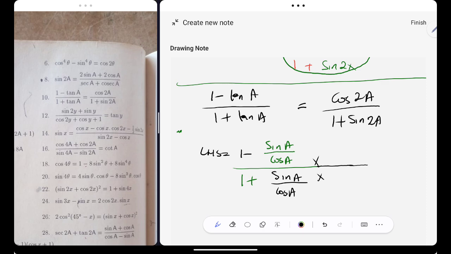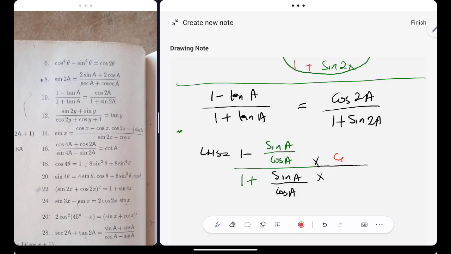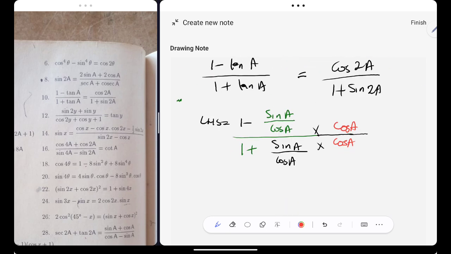I want whole numbers over whole numbers. So I need to multiply the top and bottom by the LCD, which is what? Cos A and cos A, now.